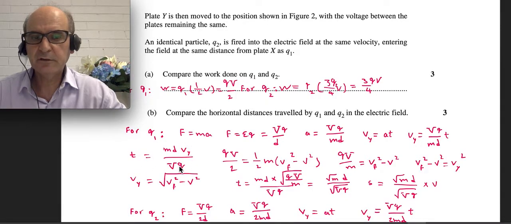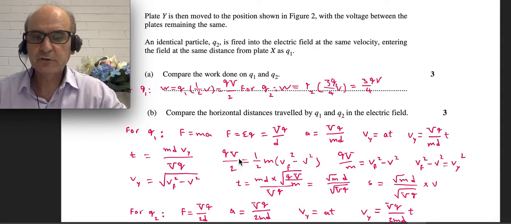So this time is equal to Vy divided by A, but A itself is that much. So you replace A with this value, and you end up with T equal to. On the other hand, the amount of the work done is equal to change in kinetic energy.